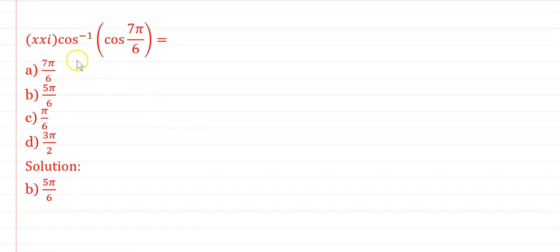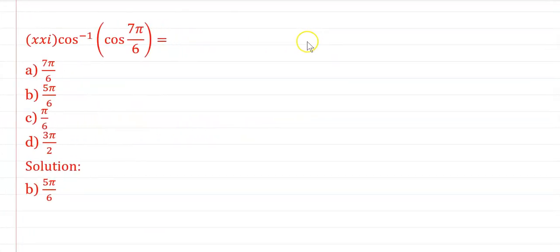Okay. Now the next, cos inverse of 7 pi by 6. Now here we will find out the value of cos of 7 pi by 6. Therefore I will write here cos inverse of cos of 7 pi by 6. 7 pi by 6 means 210 degrees, that is cos of pi plus pi by 6.